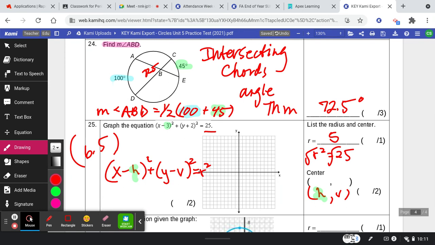Then what's my center? Now, this goes back, Isabel, to point slope form and vertex form. And anytime we have an equation in parentheses, this sign is opposite of the point. So if this says x minus 3, what's my actual h? Is it 3 or negative 3? It is positive 3.